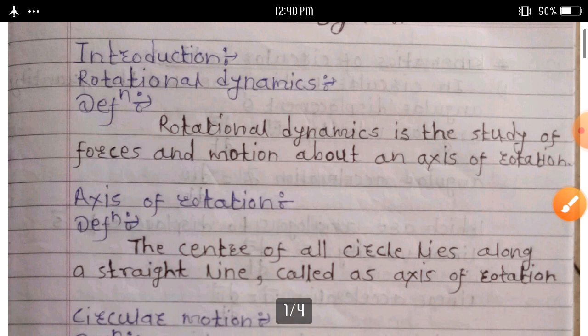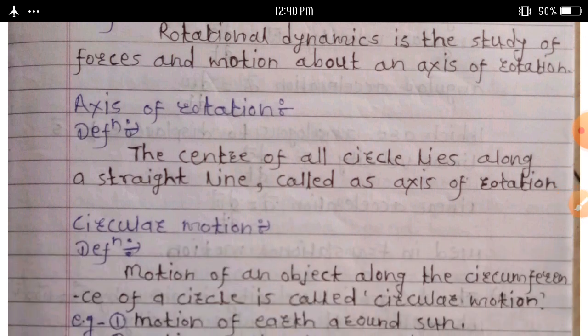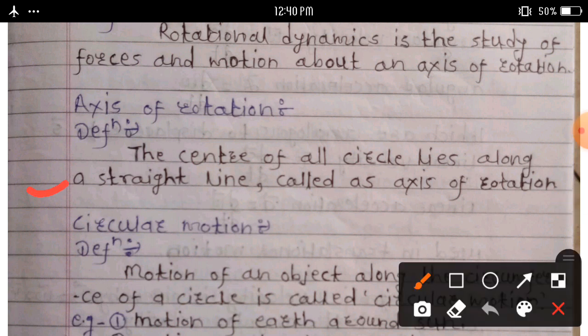Then the next question is, what do you mean by axis of rotation? Definition: the line along which the centers of all the circles lie is called the axis of rotation.